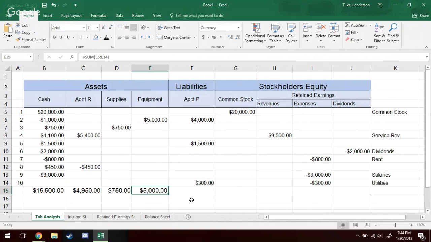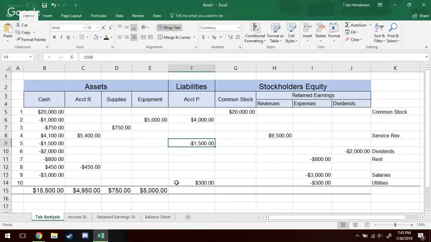account, we have $4,000. It looks like that is part of a loan that Wolf Company took out for the equipment. We subtract from that $1,500. Looks like that transaction was paying off part of that equipment loan.